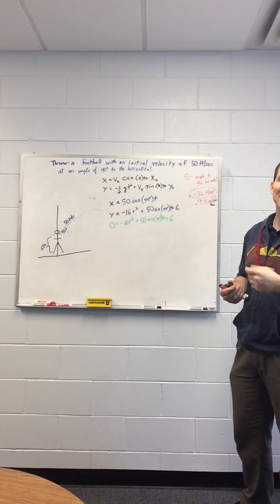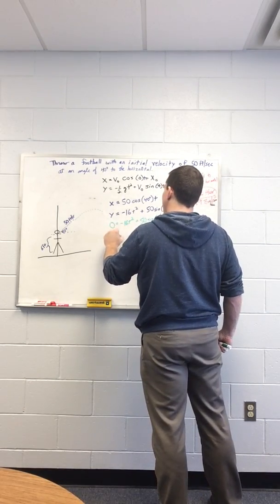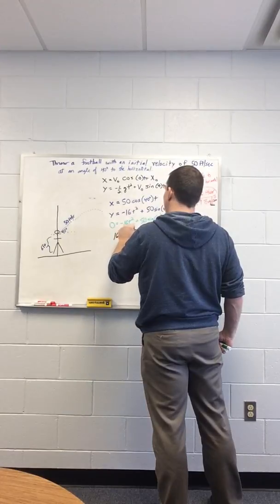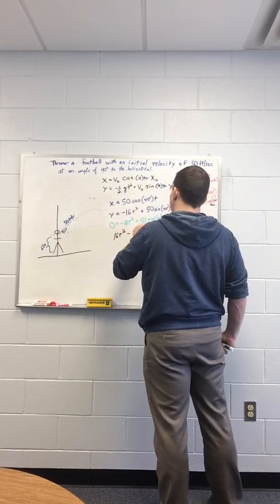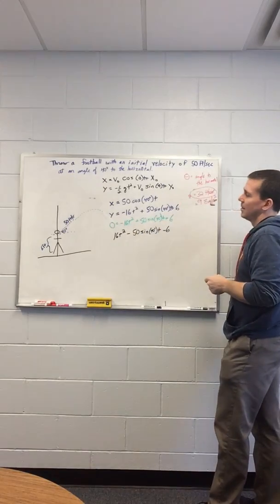This is not going to work nicely, so we're going to have to throw it into our calculator. I'm going to move everything around, so we get 16t squared minus 50 sine 40 degrees t minus 6.